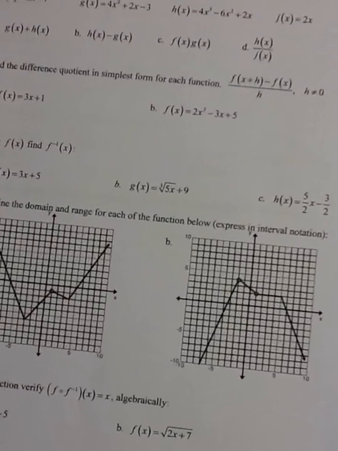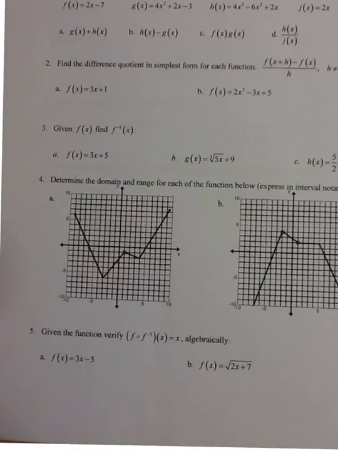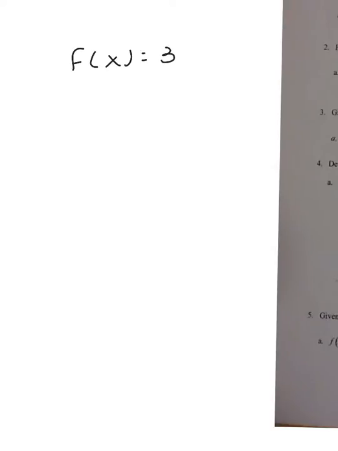Okay, so number 3 says if you're given f of x, find this, that means the inverse. So inverse, remember, means to switch x and y. All right, so number 3, f of x is equal to 3x plus 5. So this is really y equals 3x plus 5.